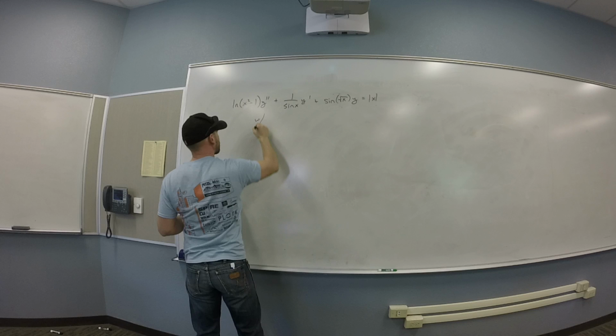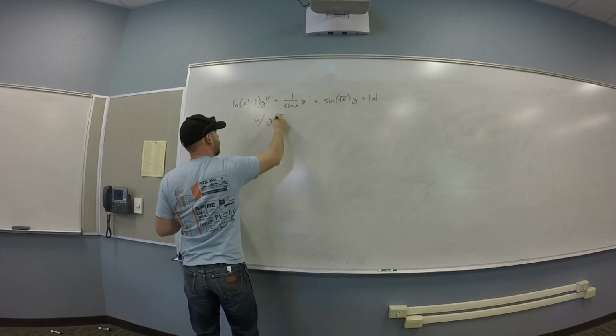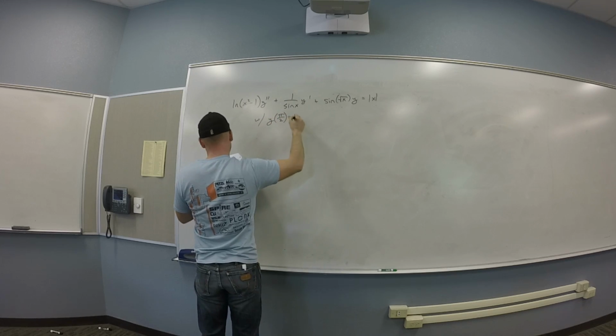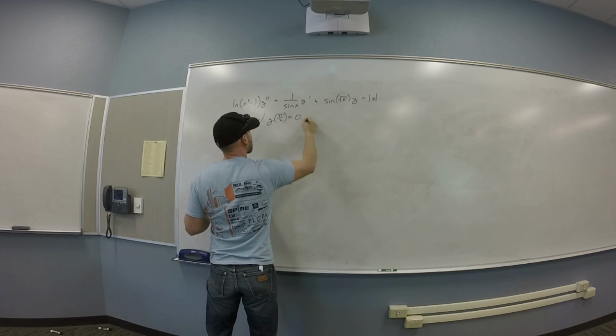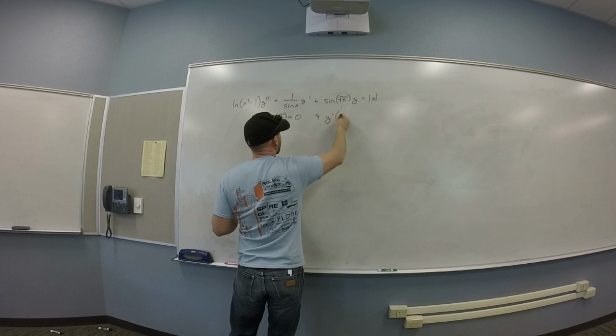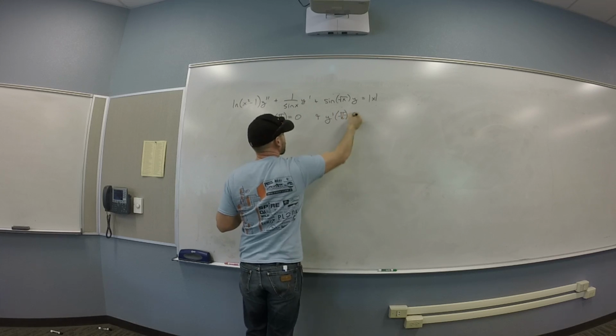And I have initial conditions, which are y of pi over 2 is, oops, not 1, is 0. And y prime at pi over 2 is 1.